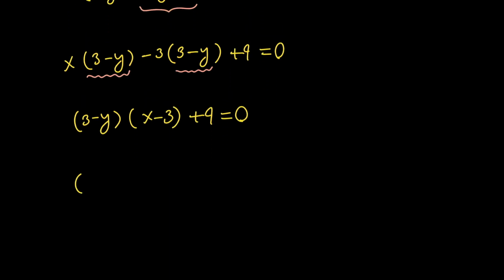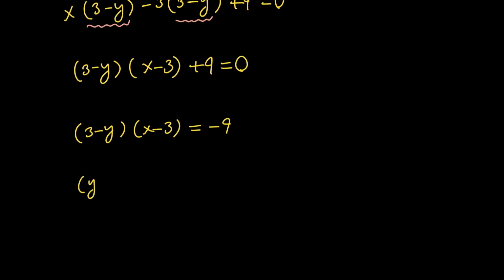So we're going to have 3 minus y times x minus 3 equals -9. And to make it a little bit cleaner, let's multiply everything by -1 to have y minus 3 times x minus 3 equals 9. Now remember that x and y are both integers, so x minus 3 and y minus 3 are integers as well.